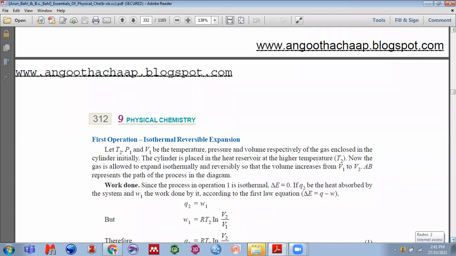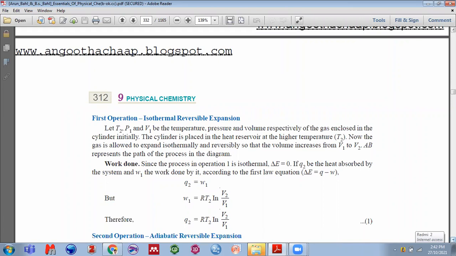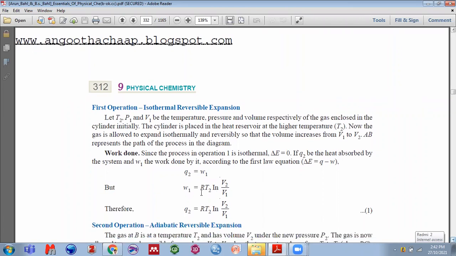Here, work done W1 is equal to heat absorbed, that is Q2 equal to W1. We know work done for isothermal reversible expansion, W equal to RT2 ln V2 by V1.